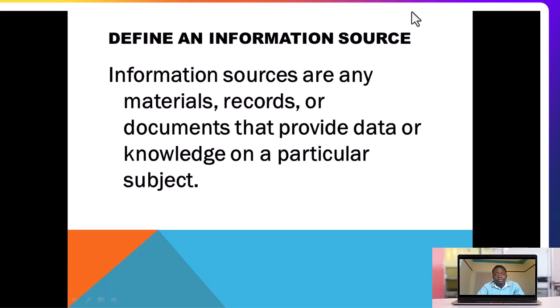So we say information sources are any materials, records, or documents that provide data or knowledge on a particular subject. This can be in the form of books, oral literature, or anything. Anything where you get information from is a source of information. That's briefly what we are supposed to know about information sources.